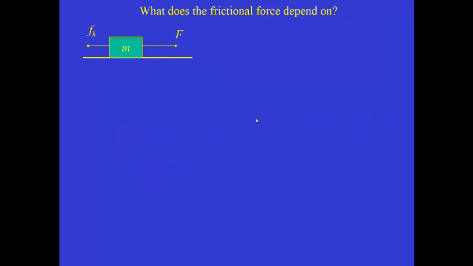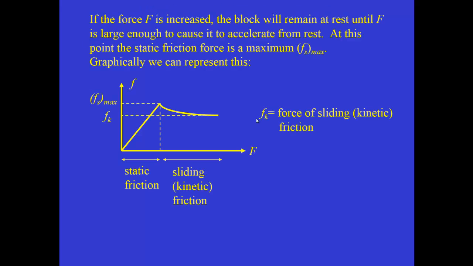So, what does that frictional force depend on? Oh, and notice too, one thing about this diagram is it shows the quantitative fact that we notice by doing experiments that it takes a little bit less force to keep an object moving than it does to get it moving in the first place.